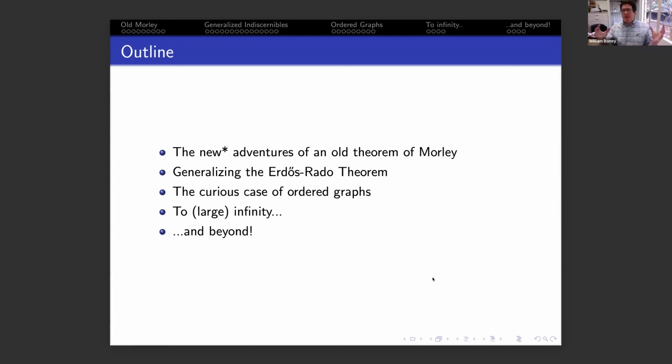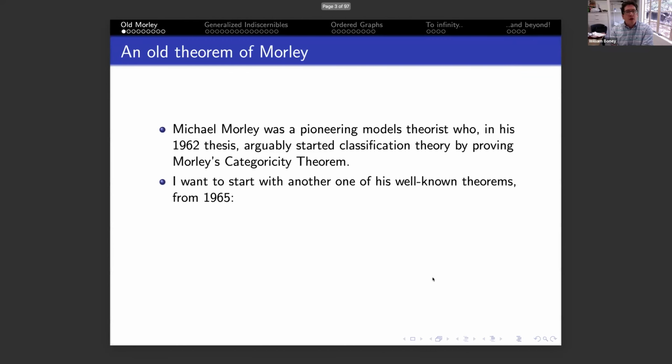But then we'll talk about this framework of generalized indiscernibles and trying to generalize the Erdős-Rado theorem, and then focus in on this weird thing that happens with the class of ordered graphs. And this will take us to asking about large infinities and then moving beyond V. So yeah, we'll get going, and feel free to jump in with any questions or comments as we go.